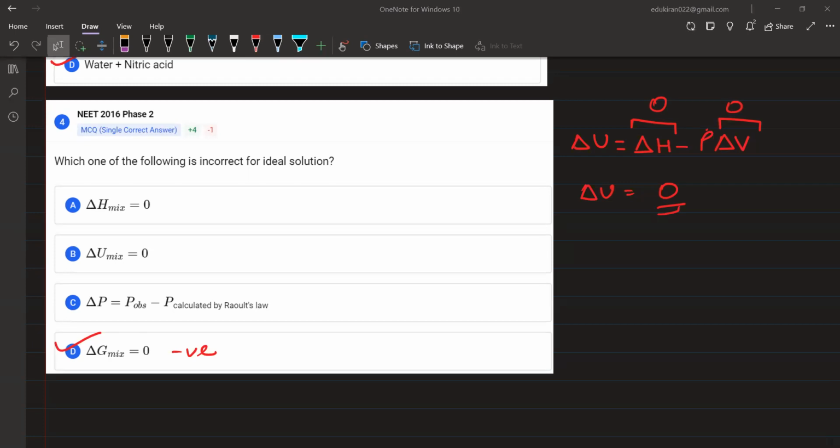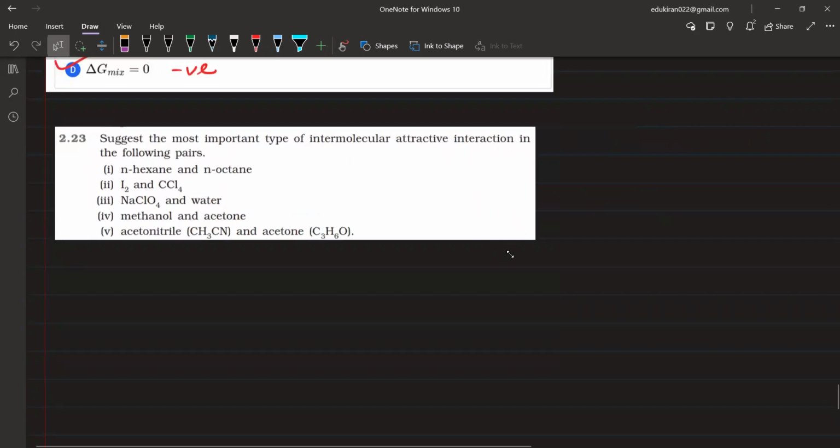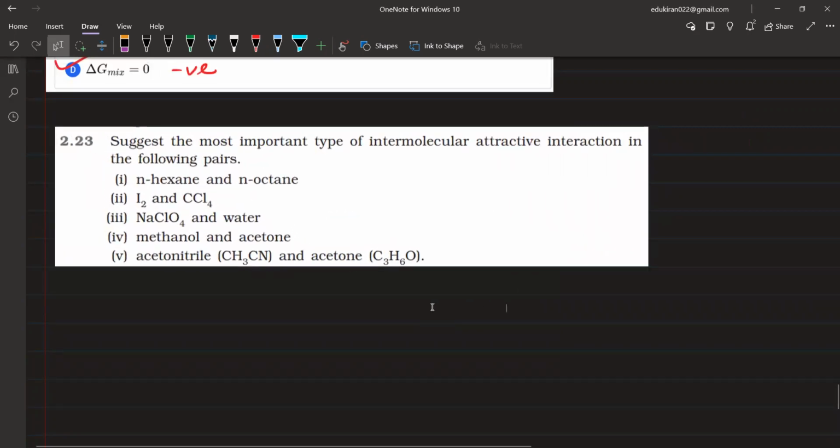Yes, sir. Okay, let's see if we have some questions. चलिए यहाँ पे इस सवाल को देखिए। Such as the most important type of intermolecular attractive interaction in the following pairs.